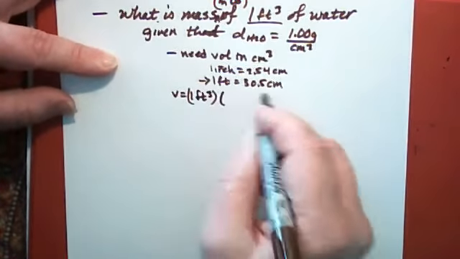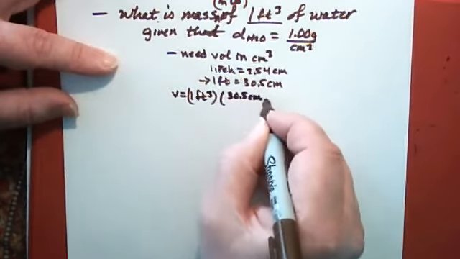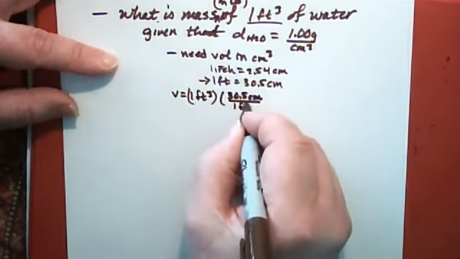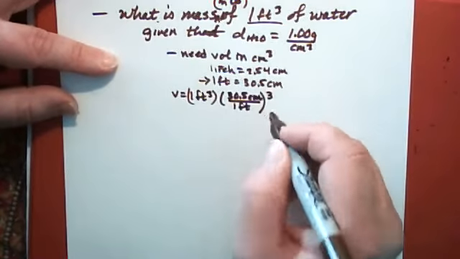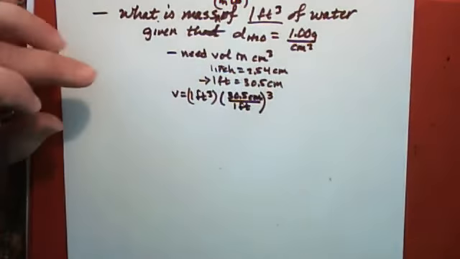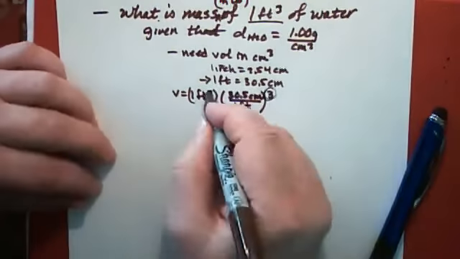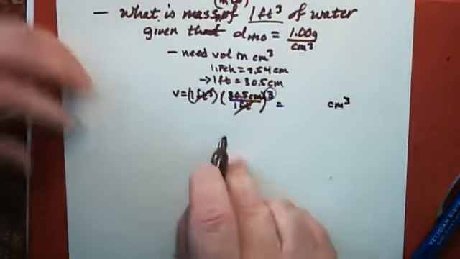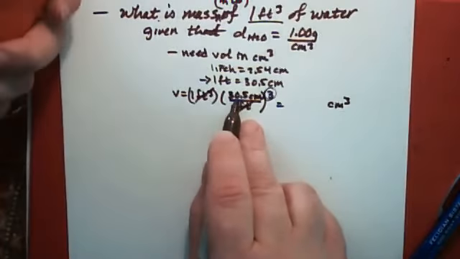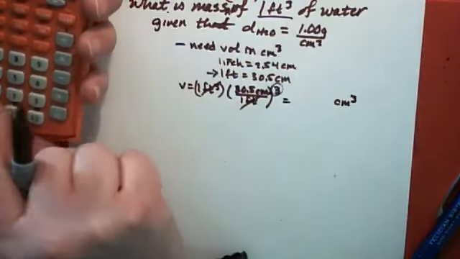1 cubic foot, and there are 30.5 centimeters for every foot. But remember, these are linear feet and linear centimeters, so we need to cube that conversion factor. So now cubic feet will cancel with cubic feet, and we get cubic centimeters as the unit, but we have to cube the 30.5 when we multiply through by it.